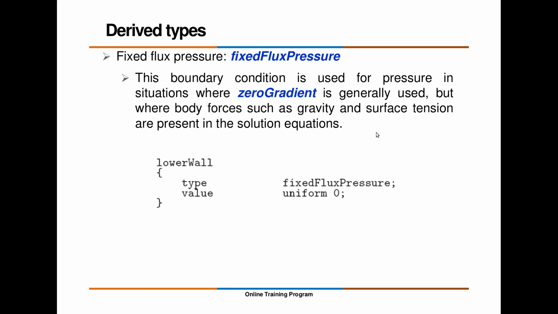That's why normally when we go towards Boussinesq type of calculations, people go with the fixed flux pressure condition as compared to the zero gradient condition. It almost behaves as a zero gradient only, but it takes into account certain quantities like gravitational forces and surface tension forces.